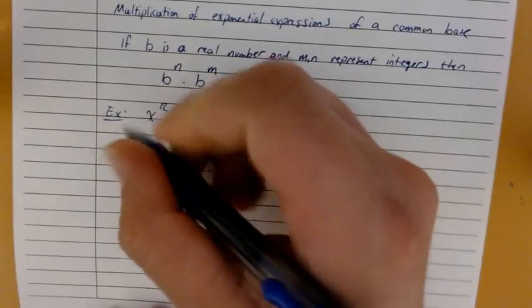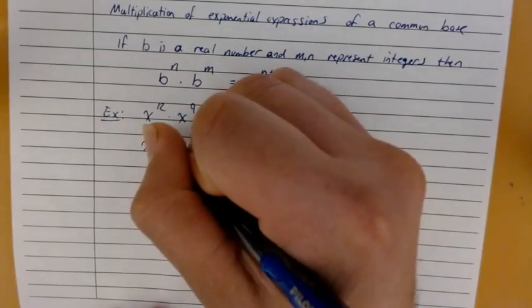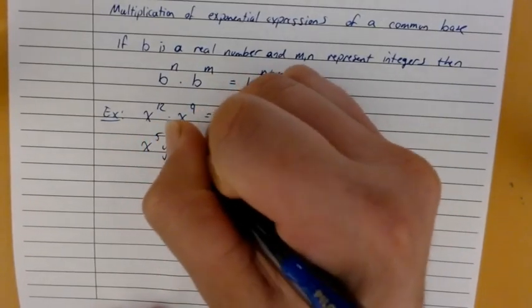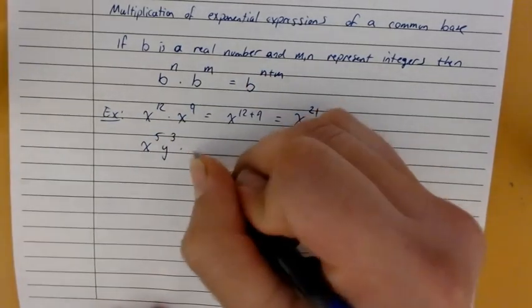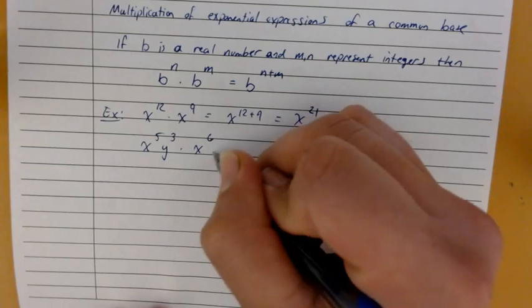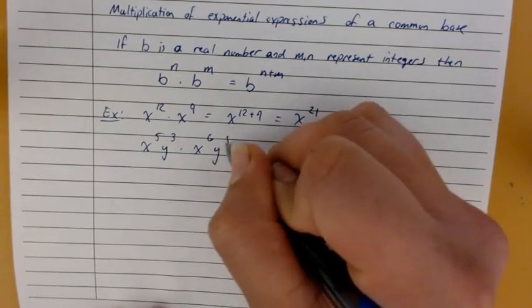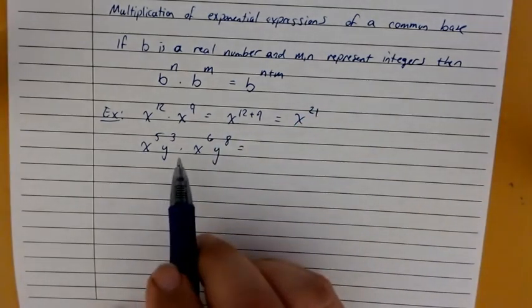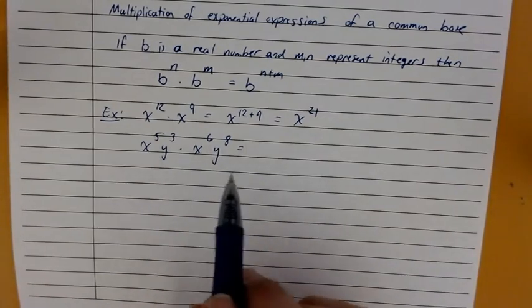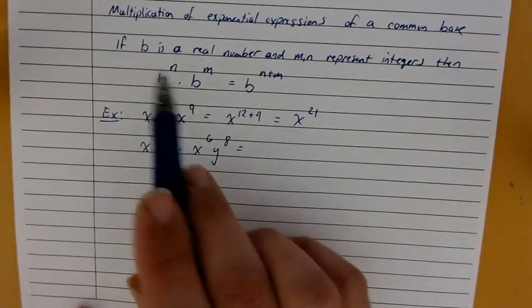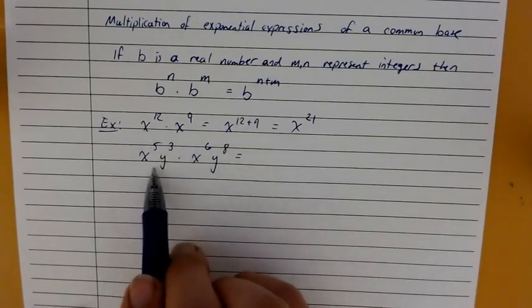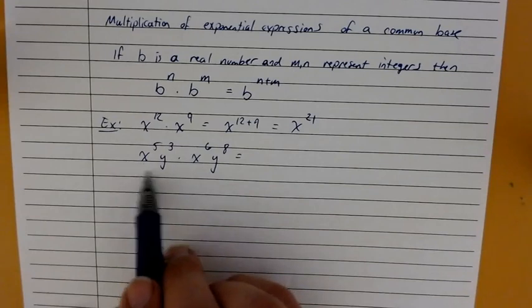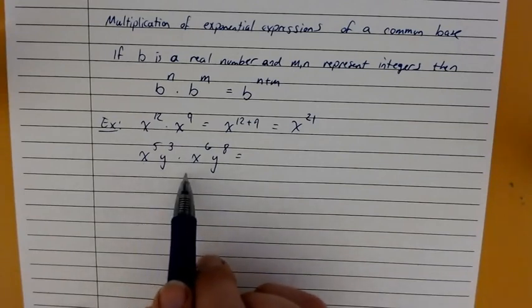So for example, let's say we had x to the power 5 times y to the power 3. That's one expression. Now let's multiply that expression by x to the power 6 times y to the power 8. Now you say, well, yeah, but these aren't all in the same base. Here you said we have to have all the same base. Well, that's true. You can't combine them if they don't have the same base. But if they do, then those can be combined.